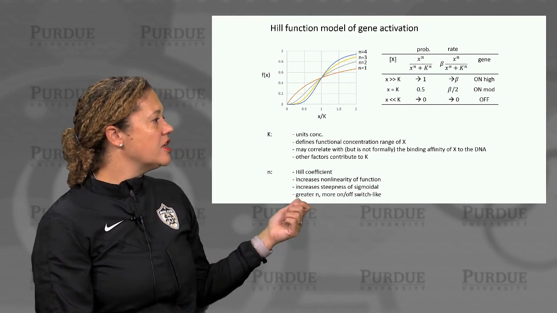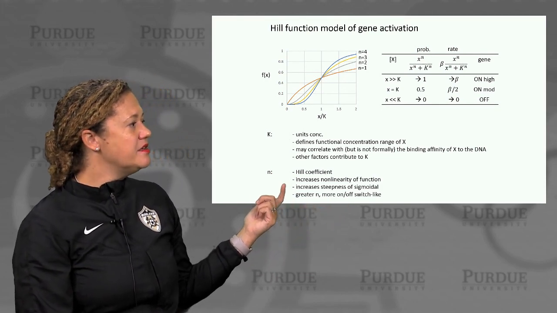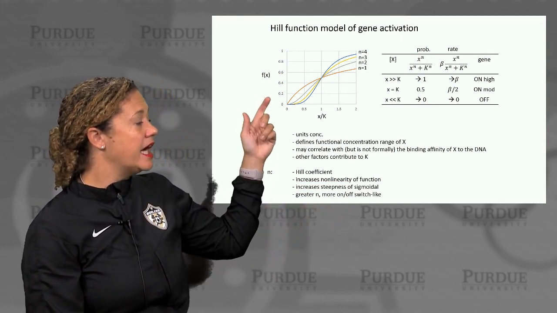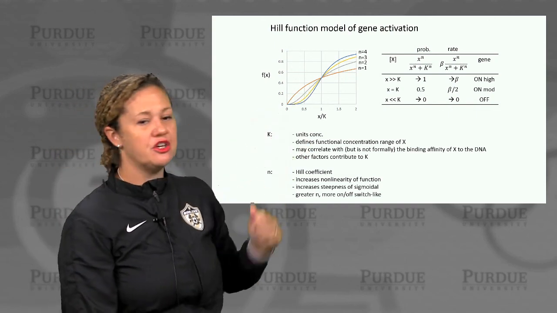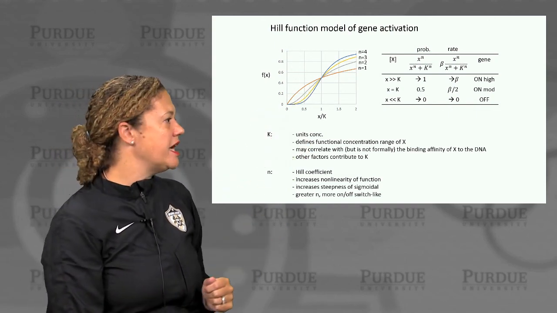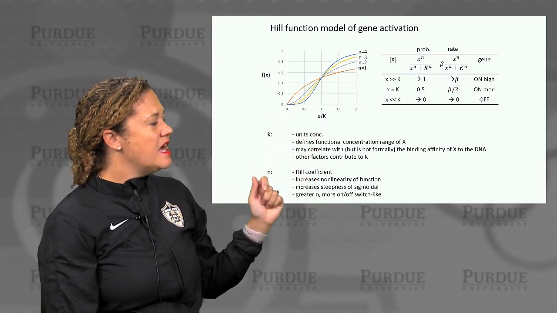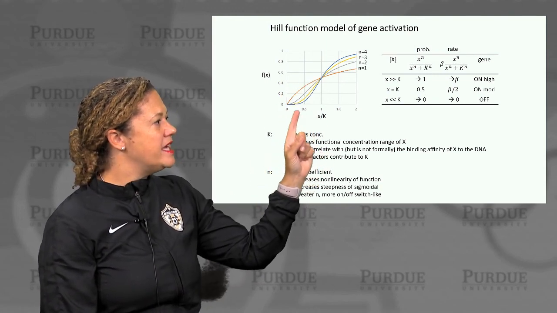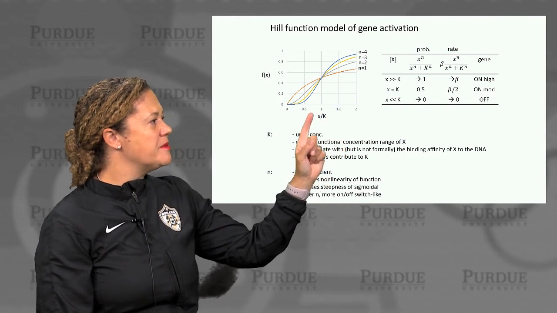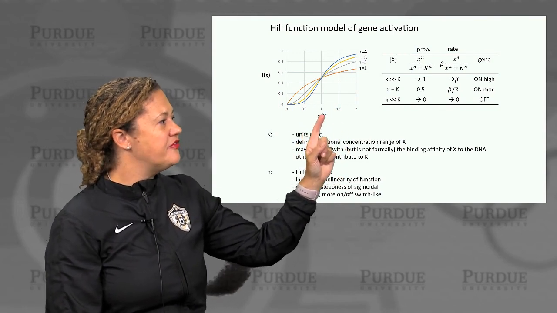So to summarize again our Hill coefficient, as I said, the Hill coefficient increases the nonlinearity of this function, puts this curvature in it, gives it this sigmoidal shape, and it also increases the steepness of this slope in the middle range of where our transcription factor is functional.